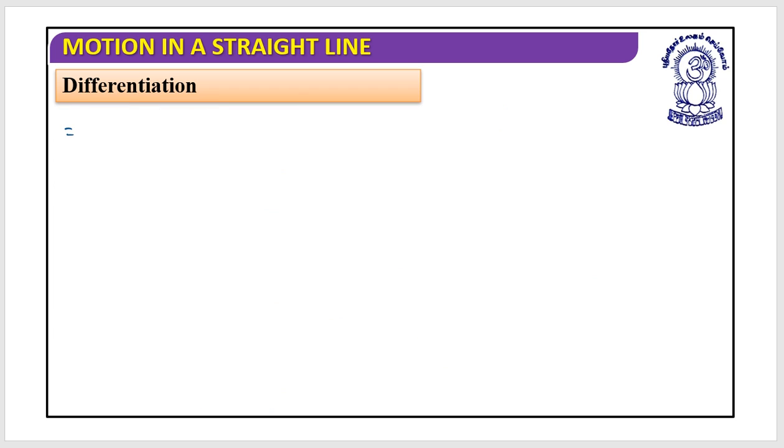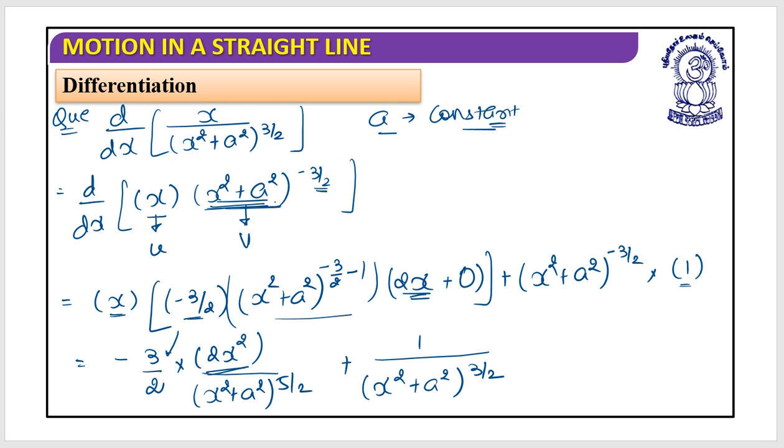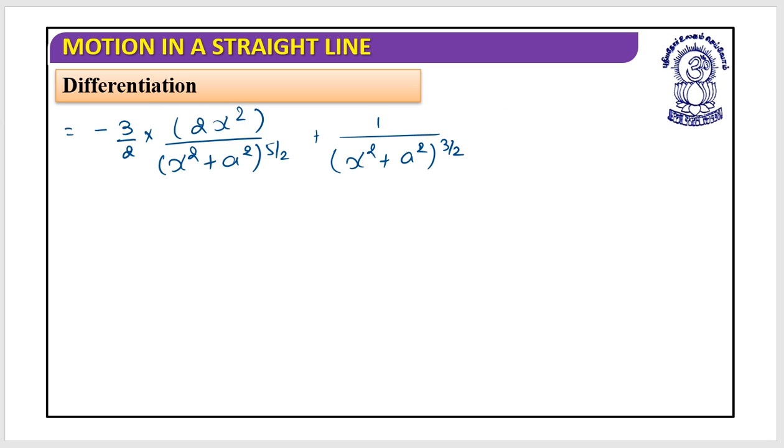This was the data: minus of 3 by 2 multiplied by 2x square divided by (x square plus a square) to the power 5 by 2, plus 1 divided by (x square plus a square) to the power 3 by 2. Yes, this was the data.